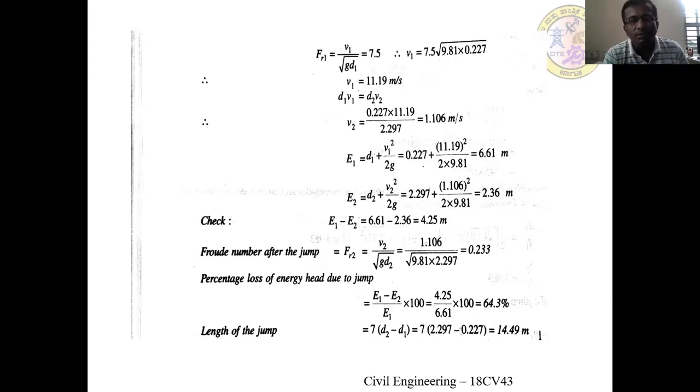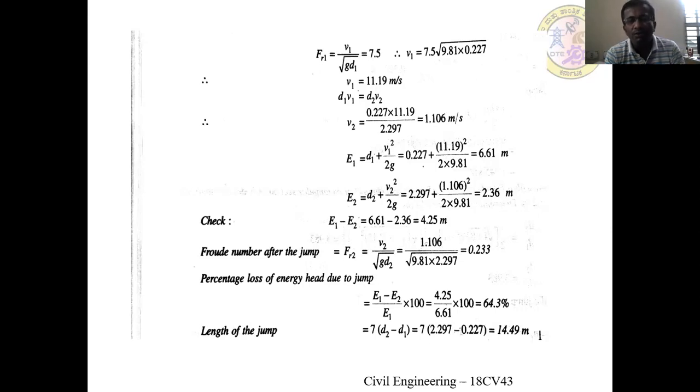You know the continuity equation, D1 V1 equals D2 V2. We know D1, D2 and V1, so we can find the value of V2. Substituting, we get V2 as 1.106 meter per second.